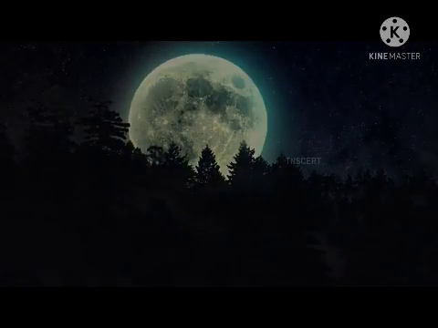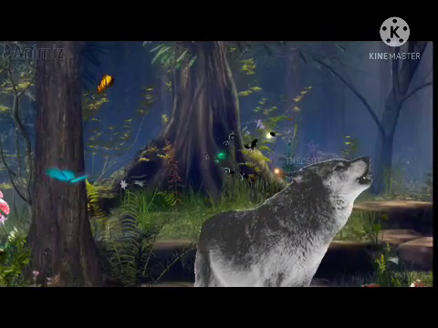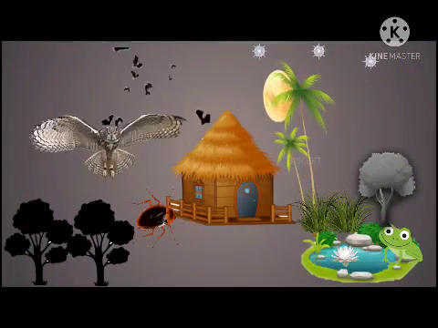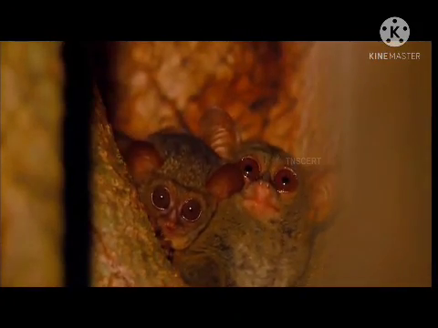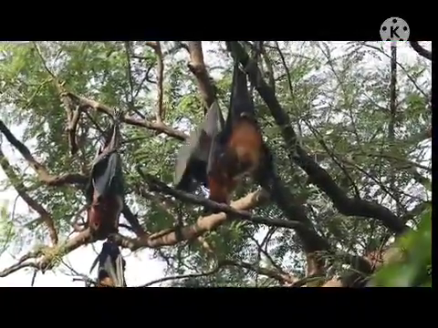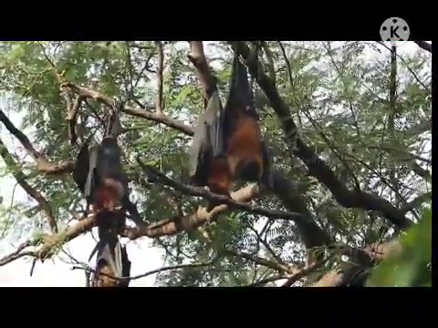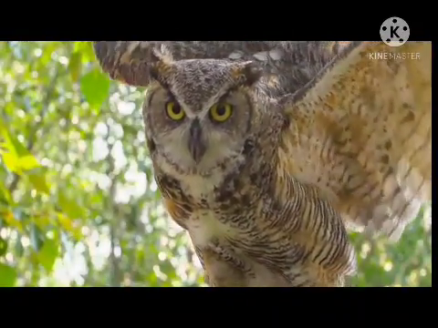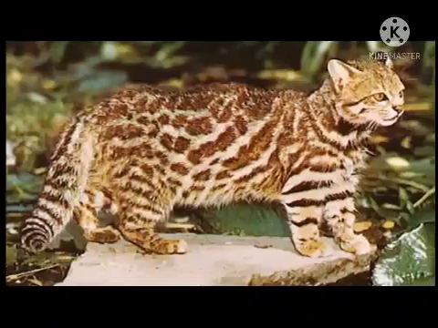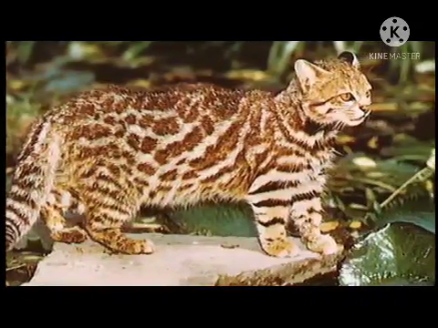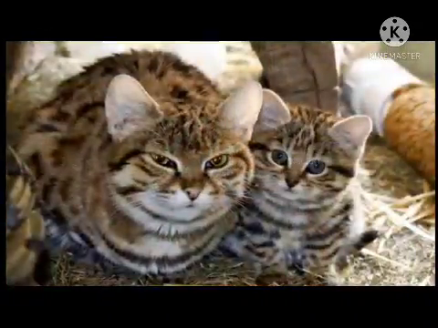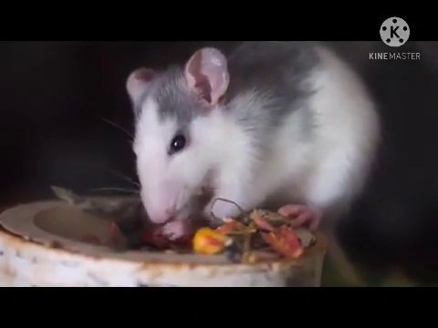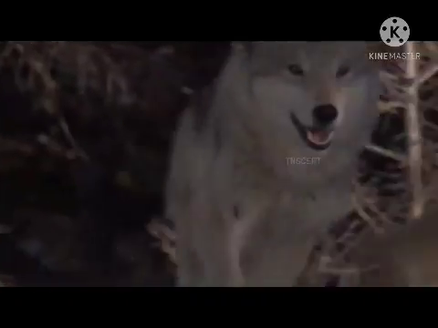Some animals and plants are active during night. Bat, owl, wild cat, mouse, wolf.